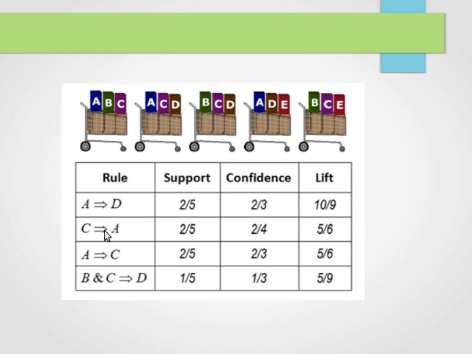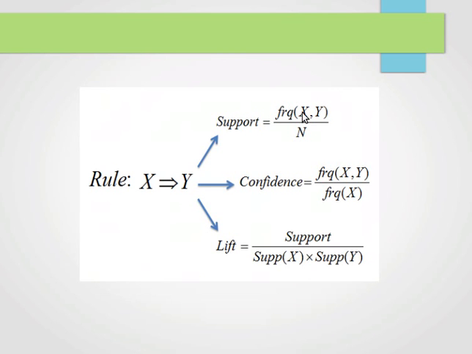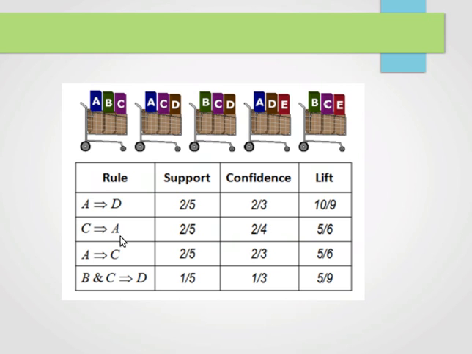And now we say, for example, what are the chances of the rule that says if the customer buys item A, then he will also buy item D. Let's compute the support. We said support is the frequency of X and Y together, so the frequency of A and D together: nothing there, that's 1, A and D, nothing there, that's 2, over N, the total number of transactions, that's 2 over 5.